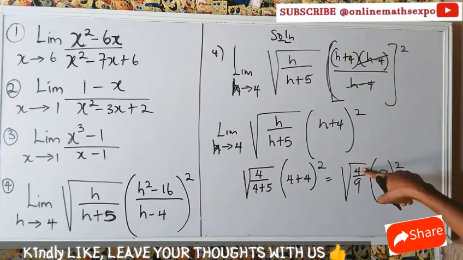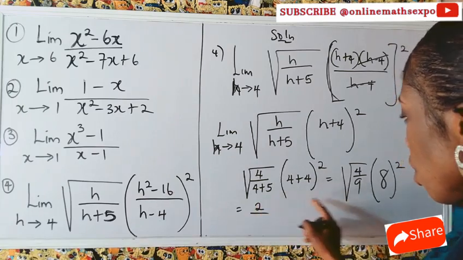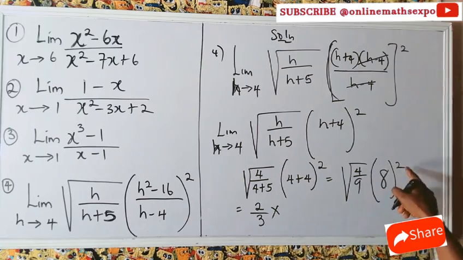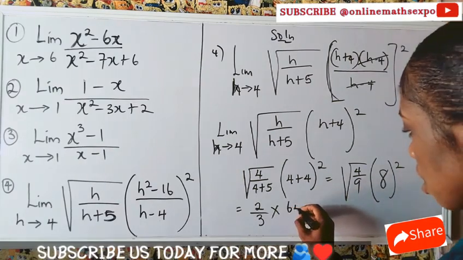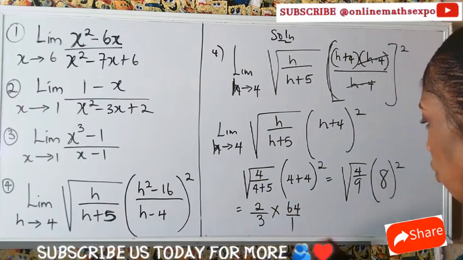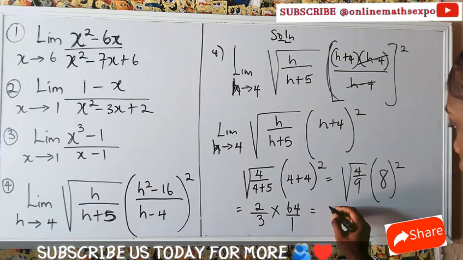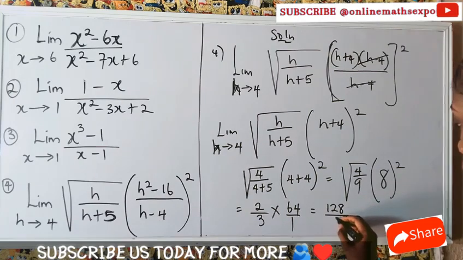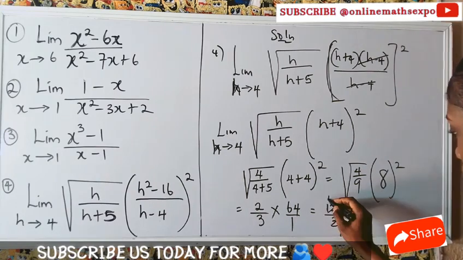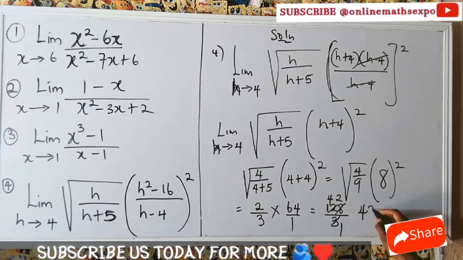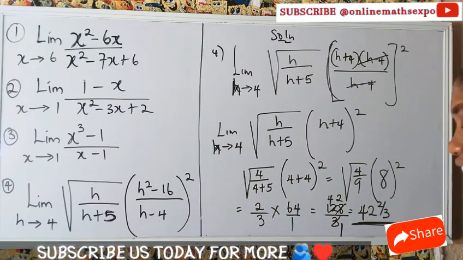And what is the square root of 4? It will give us 2. The square root of 9 will give us 3, then multiplied by 8 to the power of 2 will give us 64. So this is 64 over 1, so that 2 multiplied by 64 will give us 128 all over 3. I hope it's clear. If you can reduce it, we have 42 whole number 2 over 3, and that is our answer.